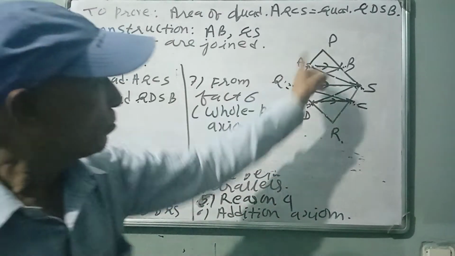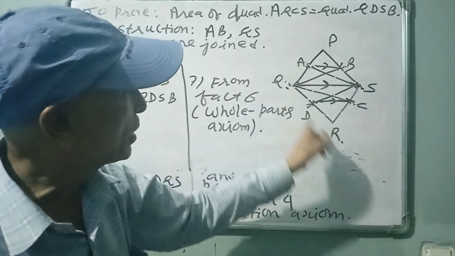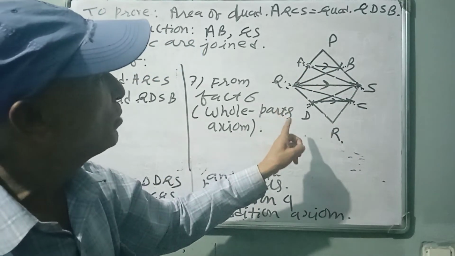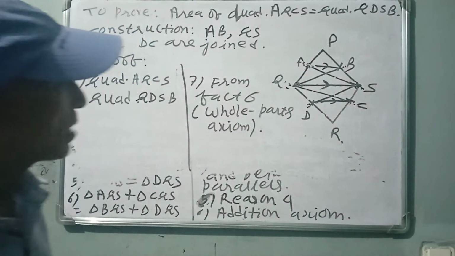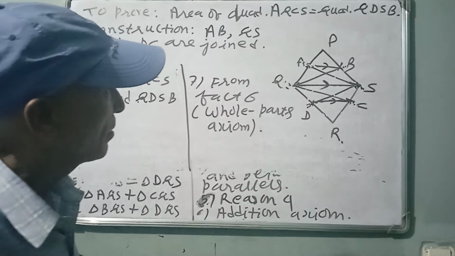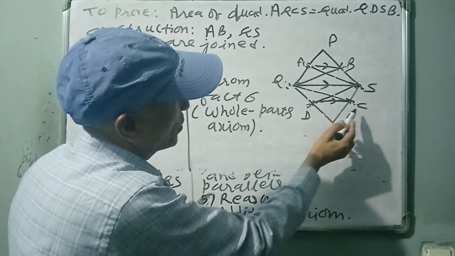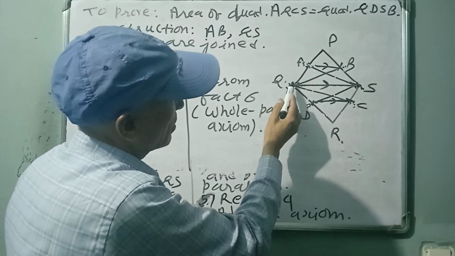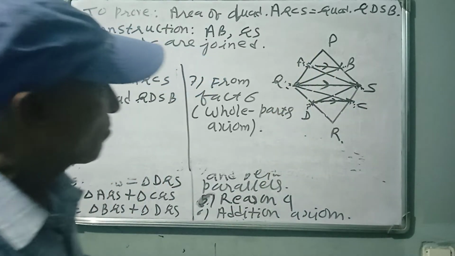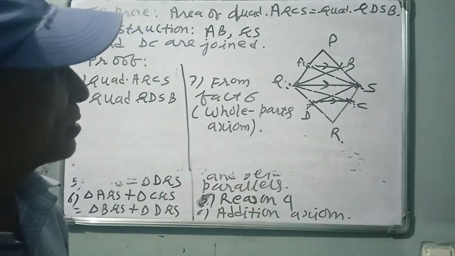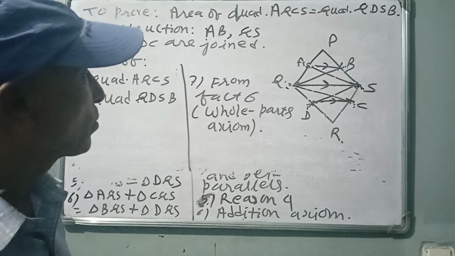First of all, again a quick revision. PQRS is a quadrilateral. A, B, C, D are the midpoints of PQ, PS, RS and QR. To prove: quadrilateral AQCS equals quadrilateral QDSB. Construction: AB, QS and DC are joined, and apply the midpoint theorem.